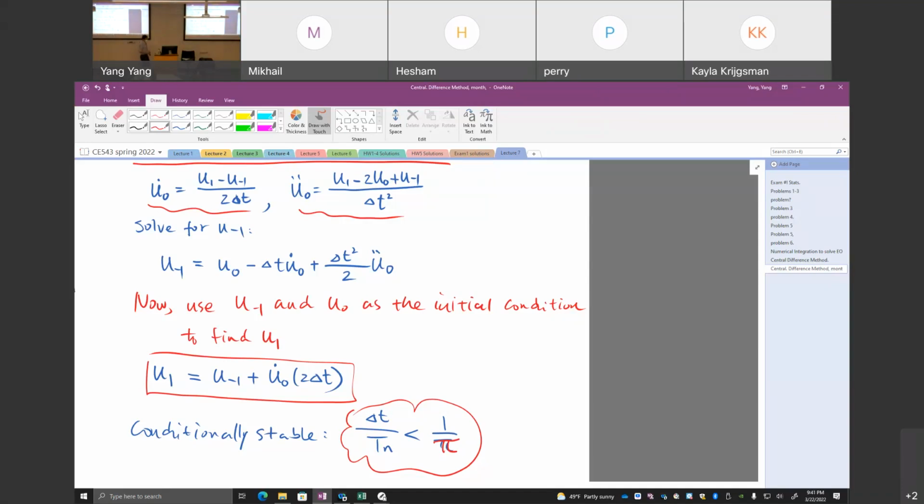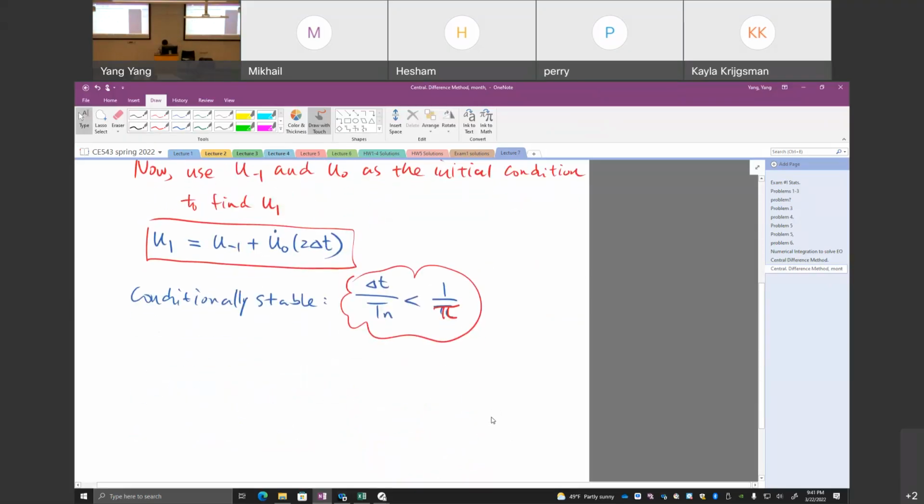So now let's look at an example to see how we can solve a problem. That example is from your textbook.